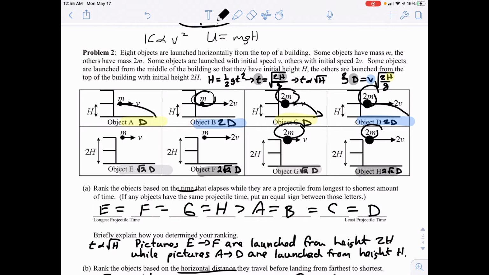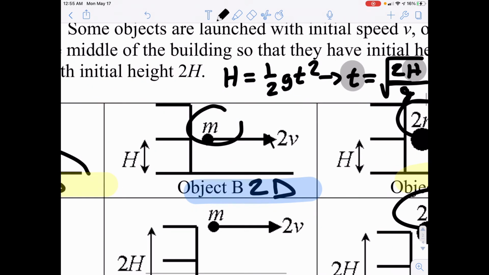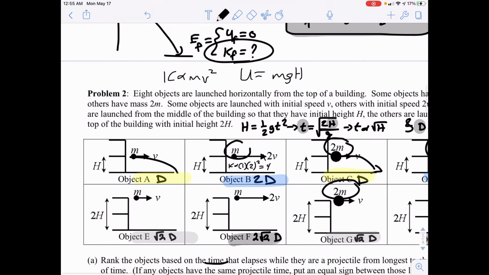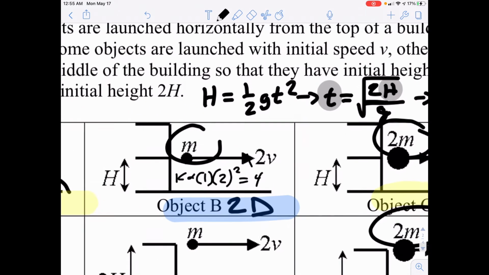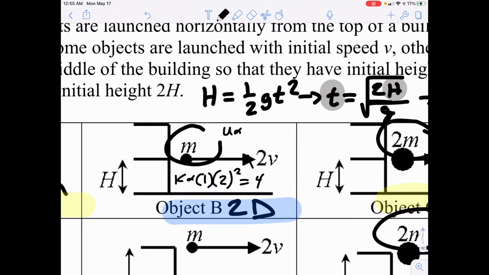So this is m, and then 2v squared. So m times 2v squared, the kinetic energy, would be 1 mass unit times 2 velocity units squared, which would be 4. Okay, my potential energy, on the other hand, is equal to mgh, but it's proportional to mh.